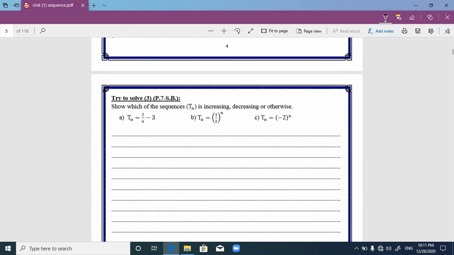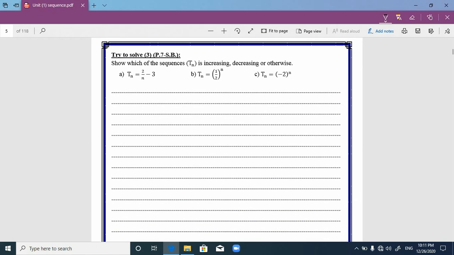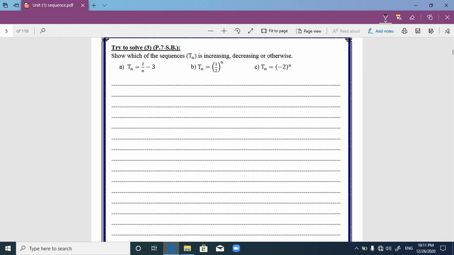Okay, another example. Show which of the following sequences Tn is increasing, decreasing, or otherwise. Number one: if we have Tn equals 2 over n minus 3, we get Tn plus 1 equals 2 over n plus 1 minus 3, and we form Tn plus 1 minus Tn.